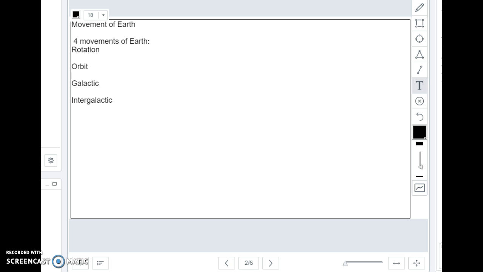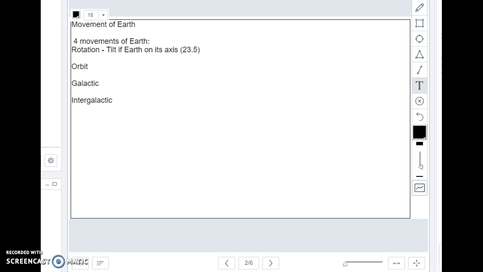Okay, so let's jump back up here to rotation and talk about rotation. Rotation deals with the tilt of the earth on its axis. Okay, and this tilt is at 23.5 degrees.